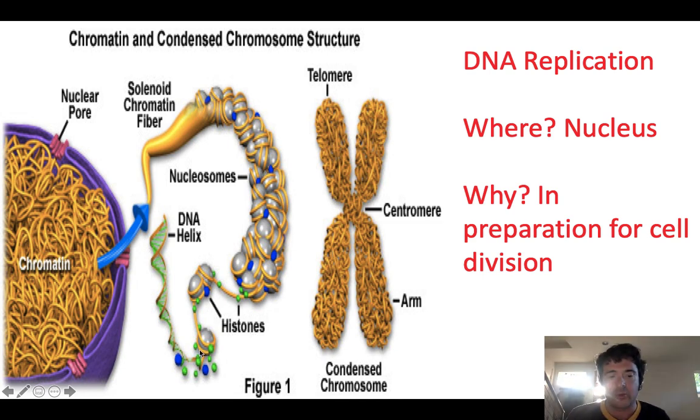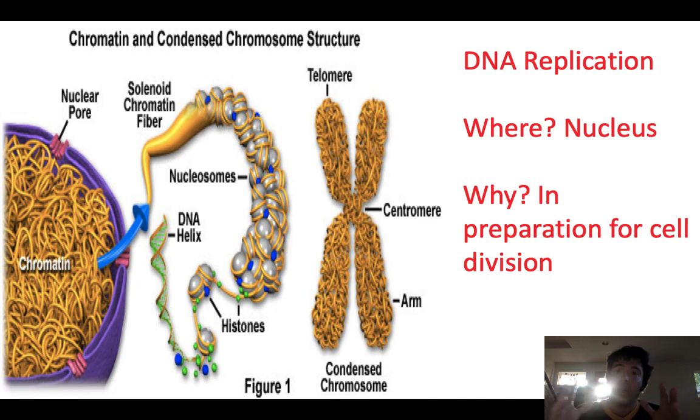So how do we get those long strands of DNA to fit in this confined space of the nucleus? Well, we take that DNA and we wrap it around these proteins called histone proteins. So if I was to draw an analogy here, imagine a histone protein being like a toilet paper roll, and imagine DNA being kind of like the toilet paper.